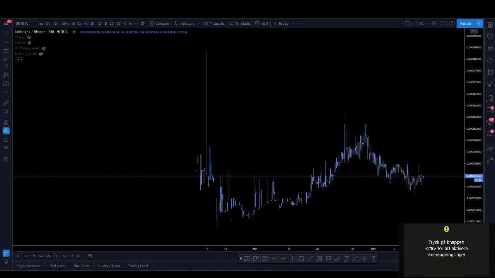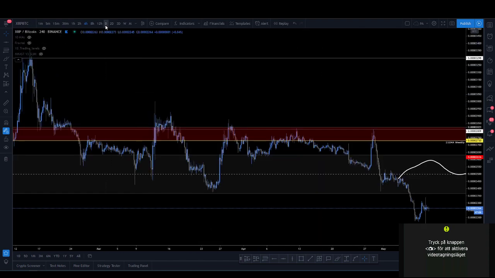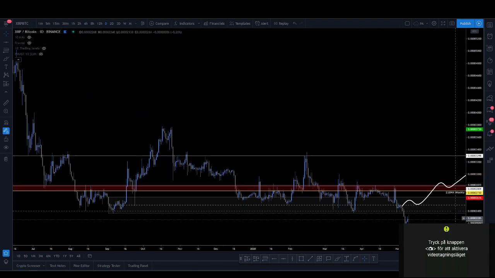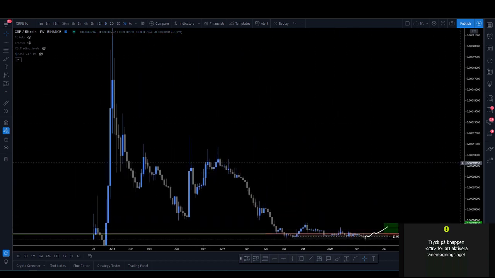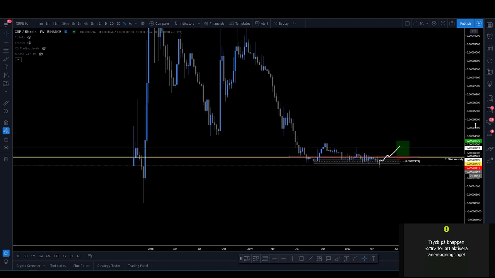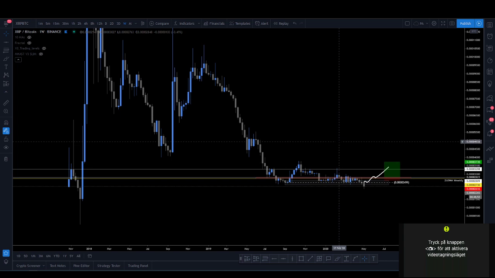All right, so XRP USD. I'm going to take a look at XRP BTC too because I'm pretty sure a lot of people want to see this chart. This is really ugly. I'm sure that the XRP army will come up with a reason for this to go 100x.